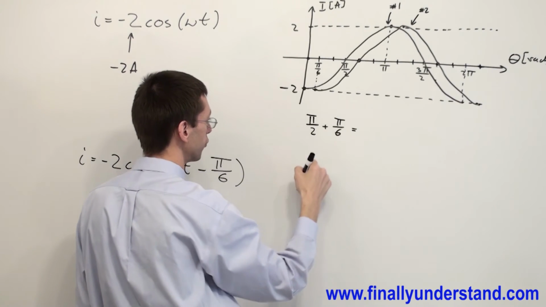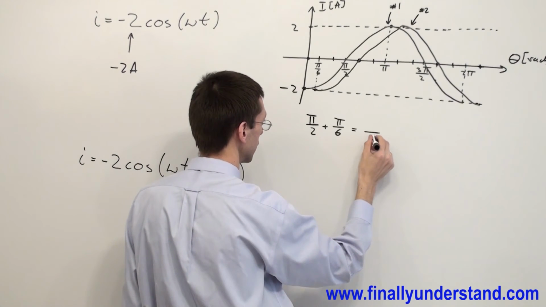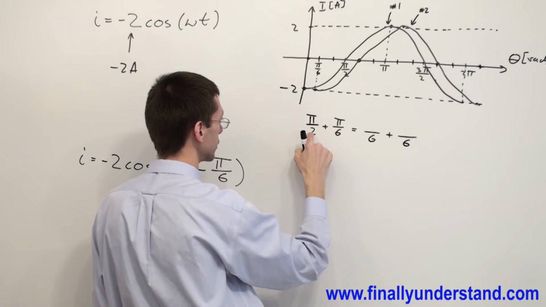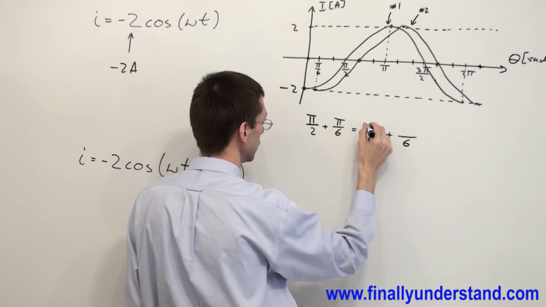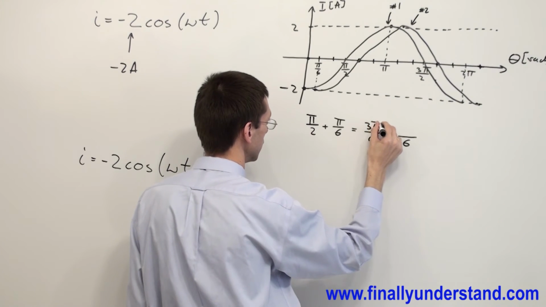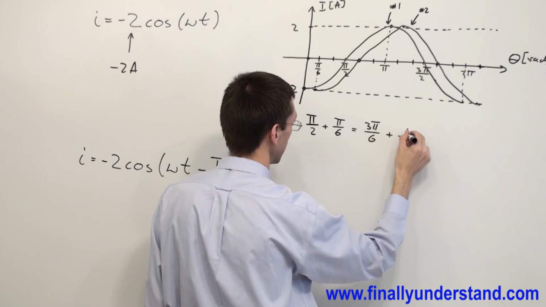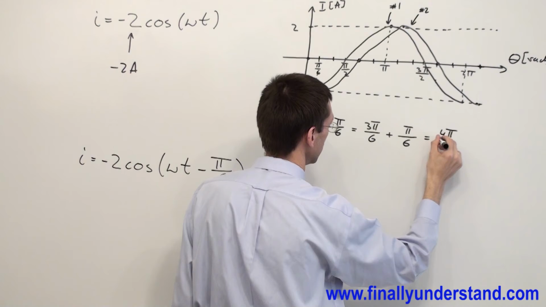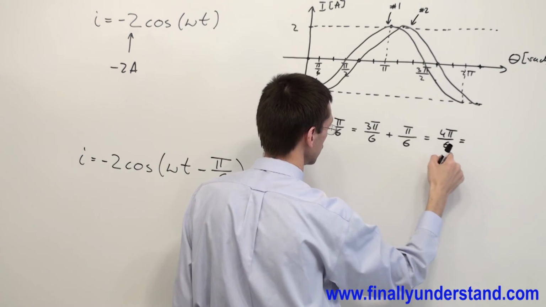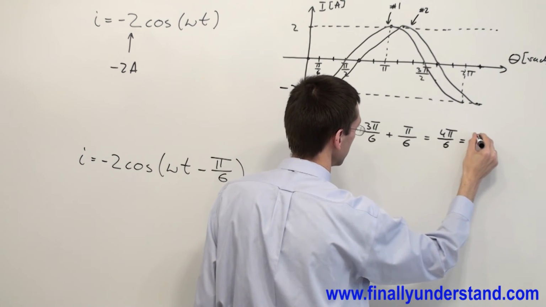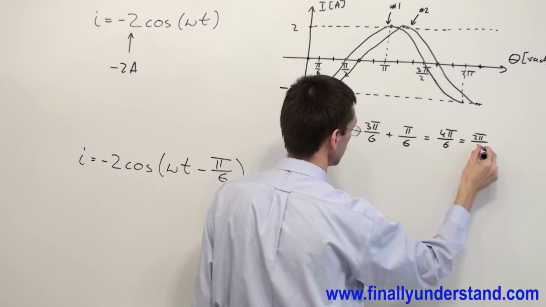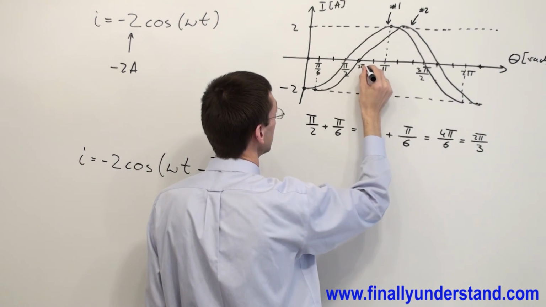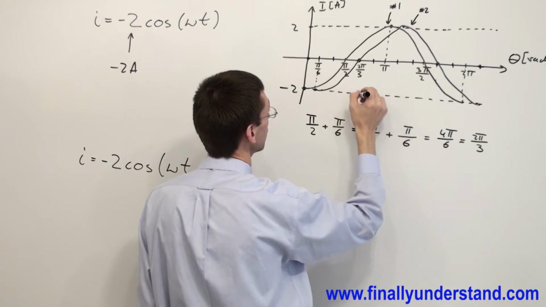The common denominator for these two fractions is 6. 3 times 2 is 6. 3 times pi is 3 pi, plus pi over 6, which gives me 4 pi over 6. If you reduce the fraction, you get 2 pi over 3. So you can say this point is 2 pi over 3.